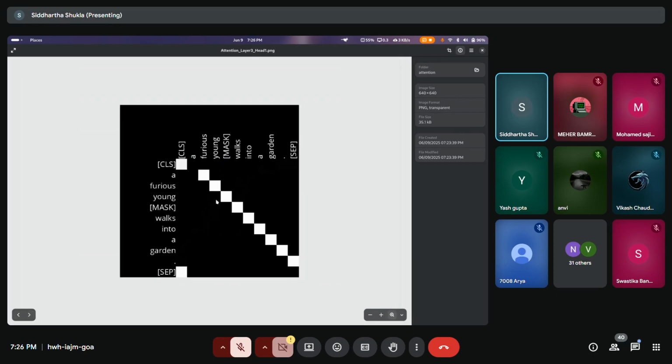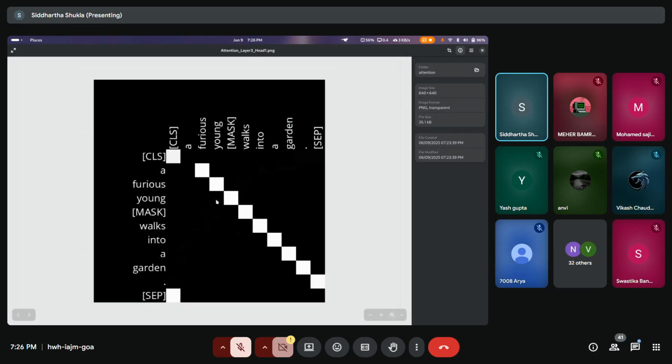And now here comes a more rigid visualization for you guys. In this case, you'll see we have Furious attending to Young, which I think you understand why. And then Young attends to Mask. Similarly, we have a very beautiful looking visualization here.